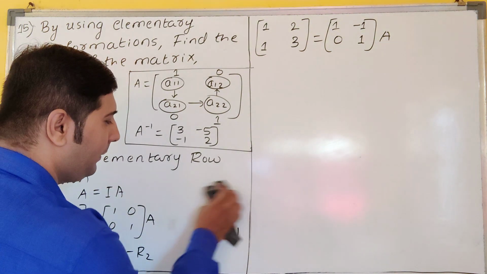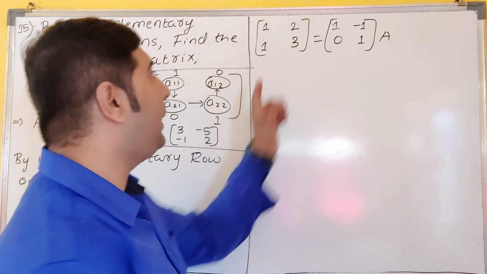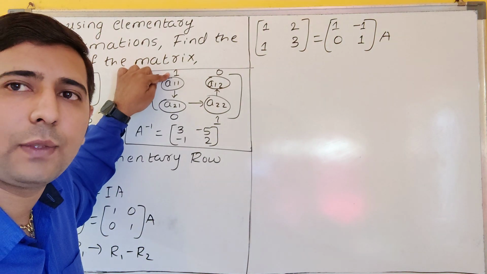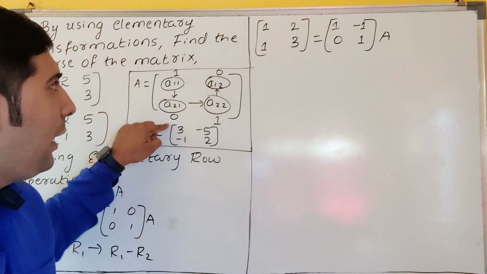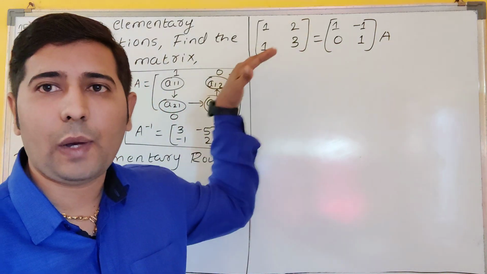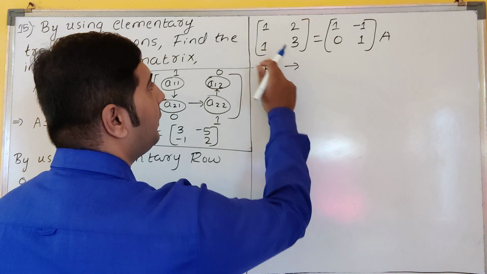This is not required. So now see, I have to make this as 0, according to the shortcut. Here it was 1. Here I have to make it 0, right? So you are going to change R2. R2 is changing, so you write R2 arrow mark.